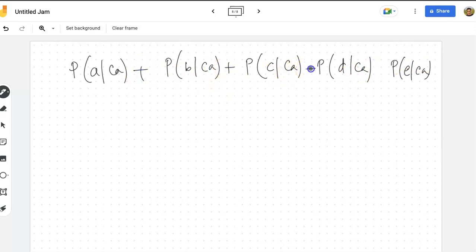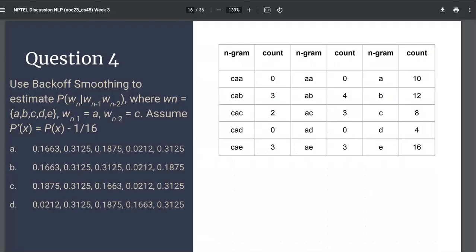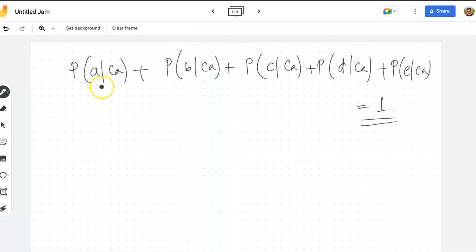All the probabilities will sum to 1, because there are no other ways you can go according to this n1. You only can have this much of different characters, A, B, C, D. So using this formula, you can find the lambda of CA.